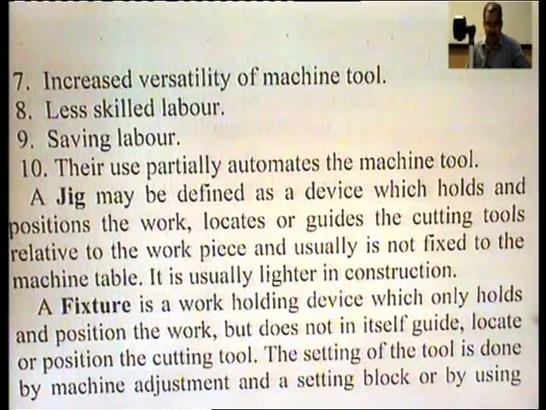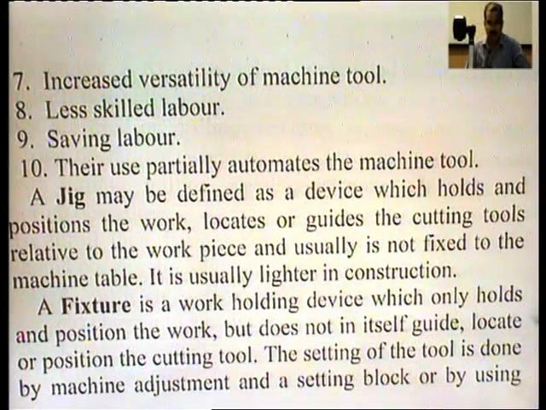So, the point to note here is that a jig is a device which holds and positions the work, and it also guides the tool in relation to the workpiece, and jigs are lighter in construction as compared to fixtures.